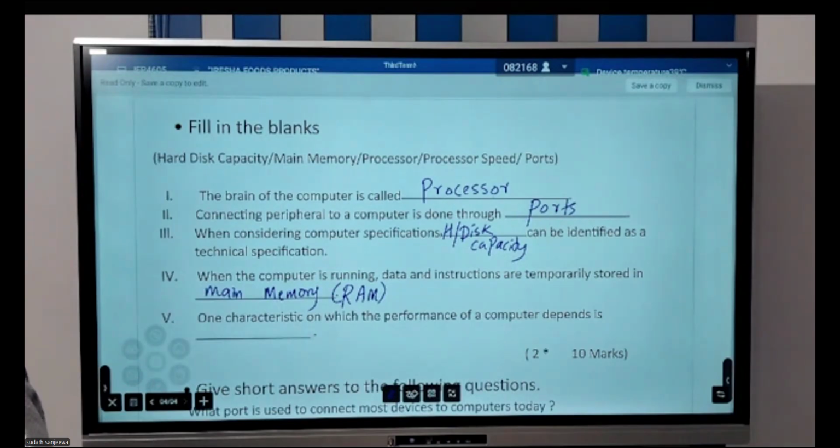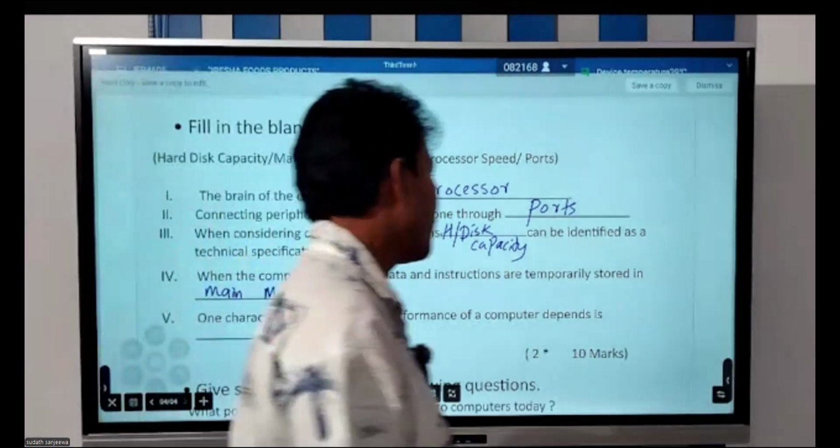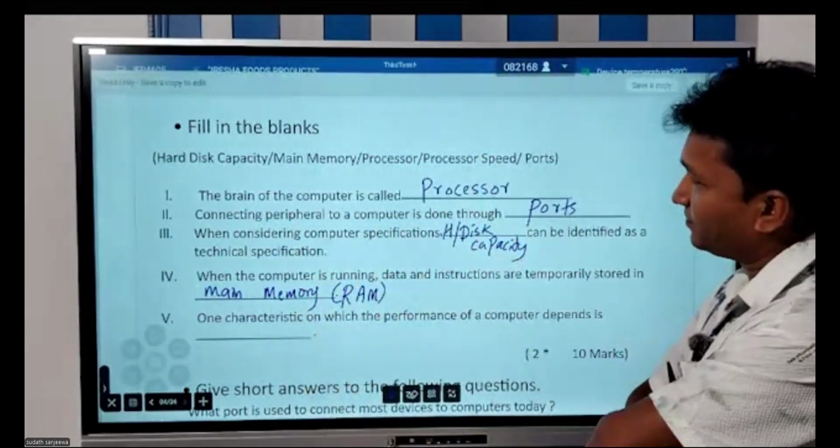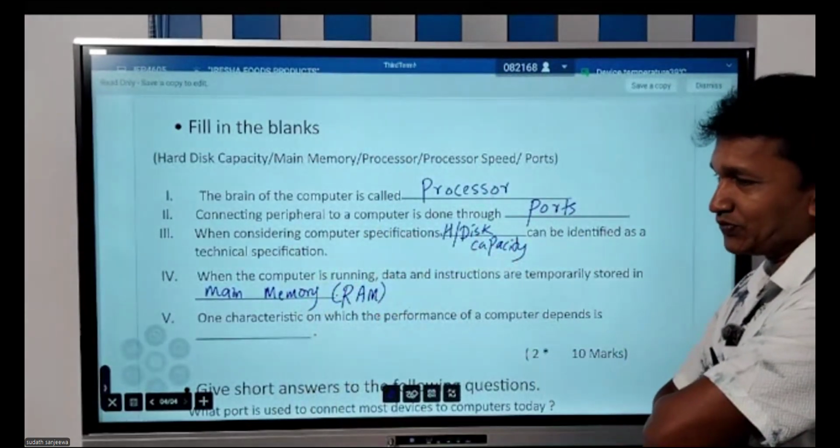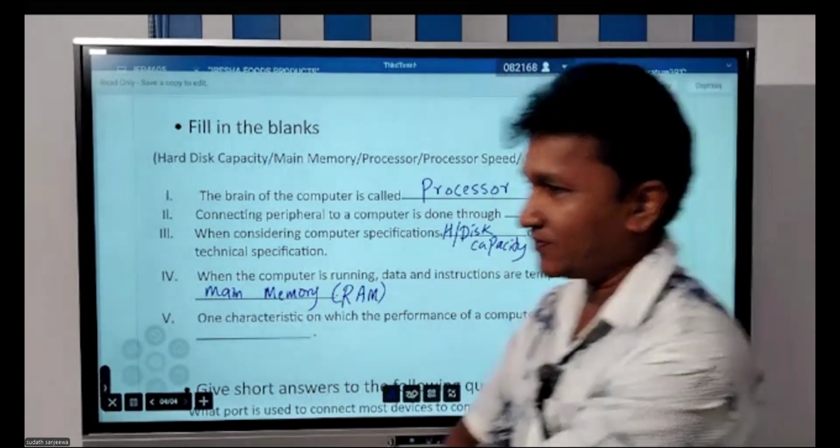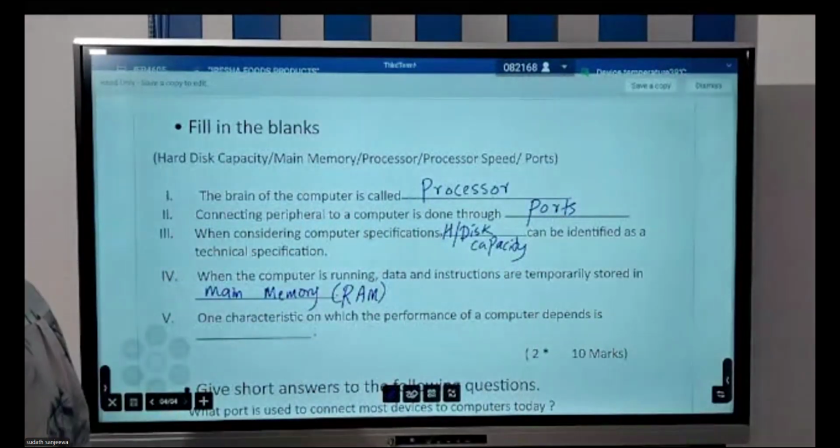Yes, the speed. Speed of what? The processor.